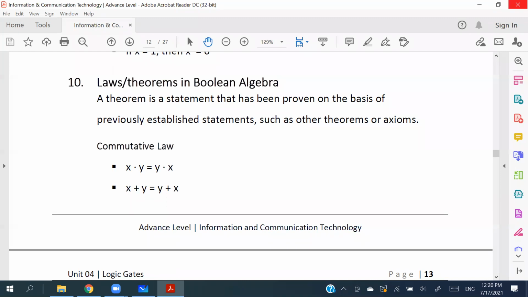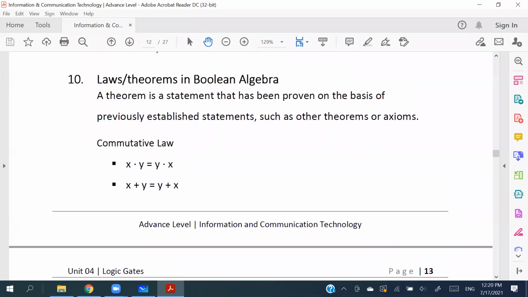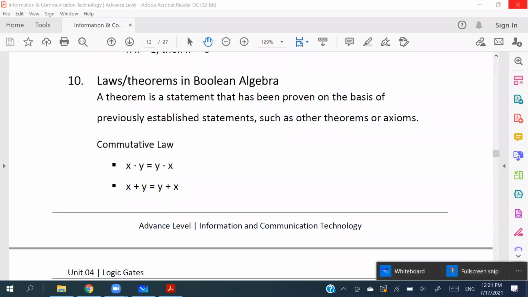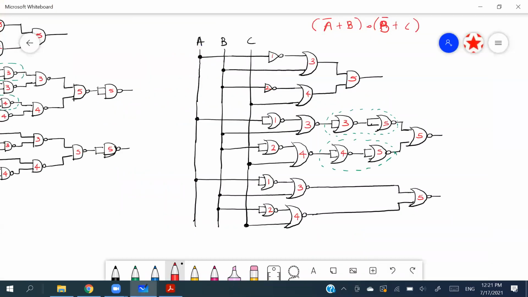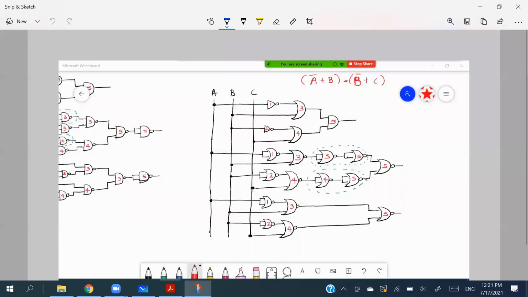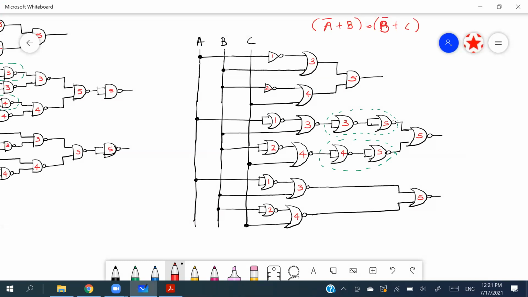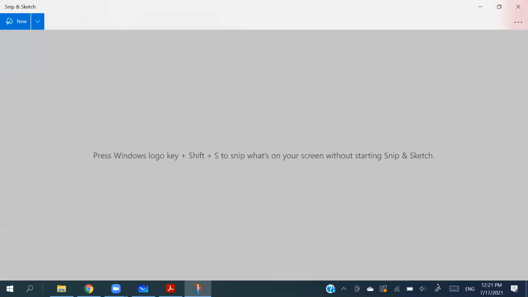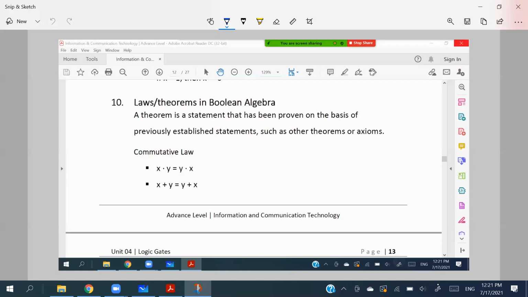They have simply shown you an example saying x dot y equals y dot x.